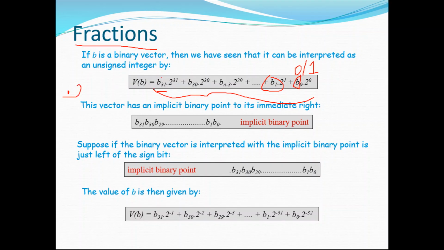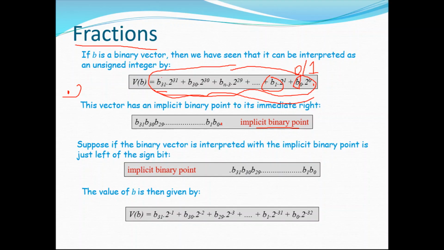In a normal number also, actually there is an implicit binary point to the right, which means after that there is nothing, or it is 0. So it is considered a whole number. In a normal binary value also, there is an implicit binary point at the right end.